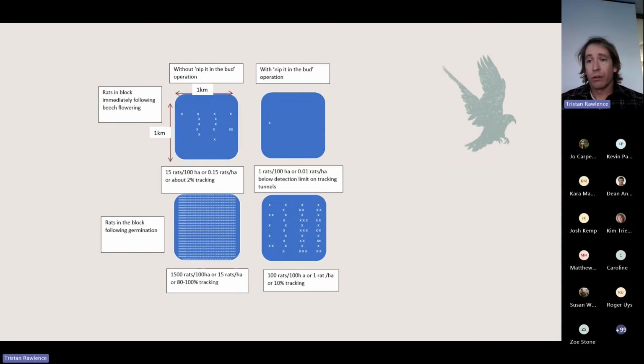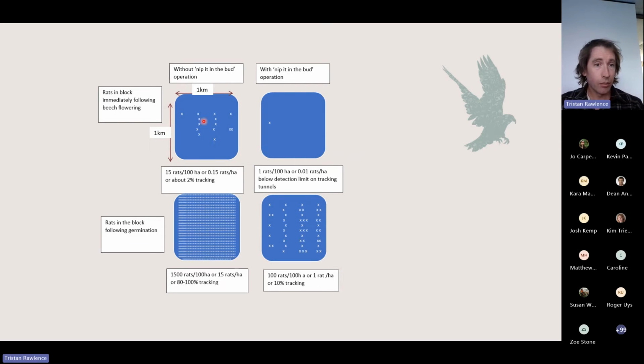If we're going to avoid the food glut, we have to make some decisions about whether we have a 1080 operation before or after the food glut. We've coined the operation before food gluts a nip it in the bud operation. Here's a bit of theory on how that might work.